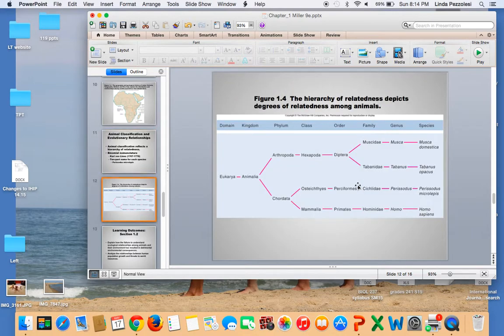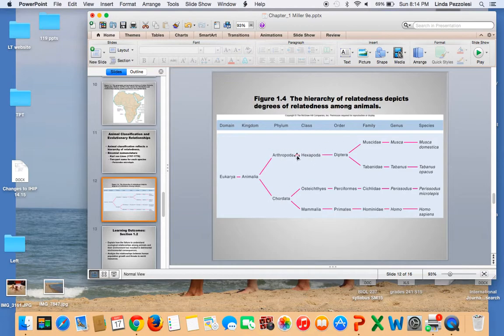If you look at the large hierarchy, you will find a domain name, of which there are 3 possible, a kingdom, of which there are 5, a phylum. So now here in this representation we have split, and the possibility here is an arthropod or a chordate. We are chordates.